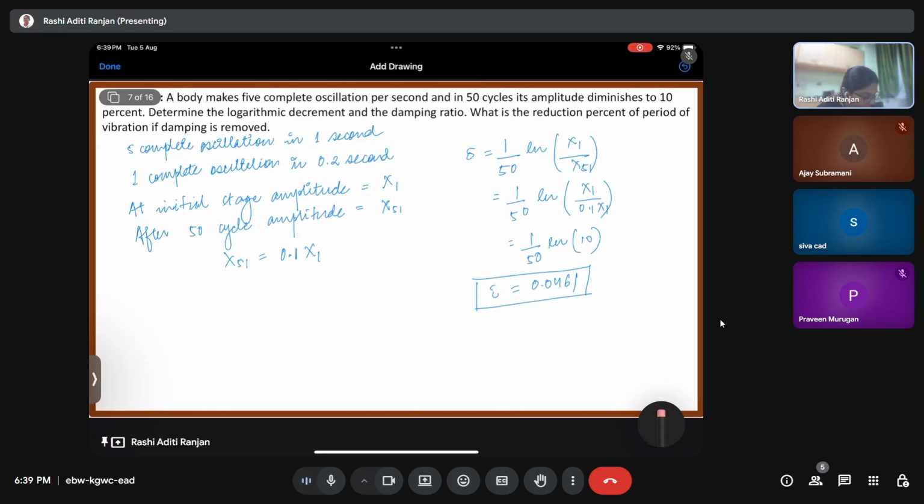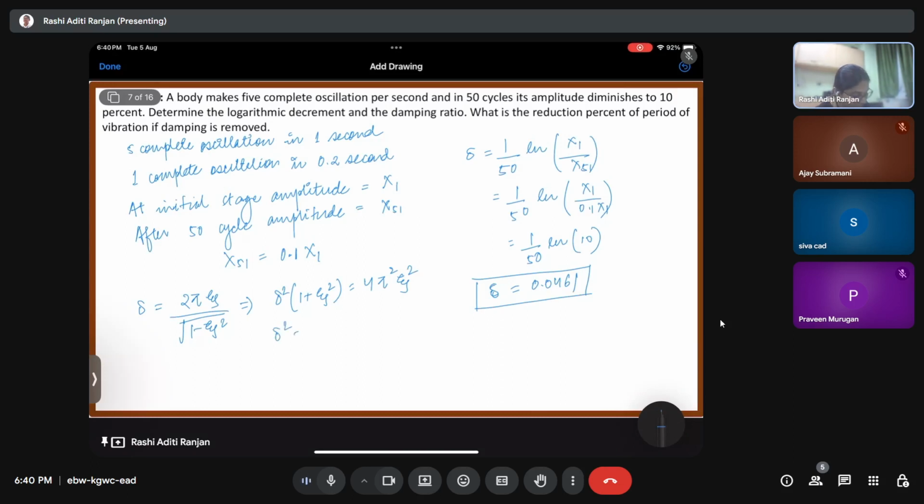Now, the next part of the question says that I have to find the damping ratio. If you remember, we had the relation delta equals 2 pi eta by the root of 1 minus eta square, where eta was the damping ratio. Squaring on both sides, delta square times (1 minus eta square) equals 4 pi square eta square.